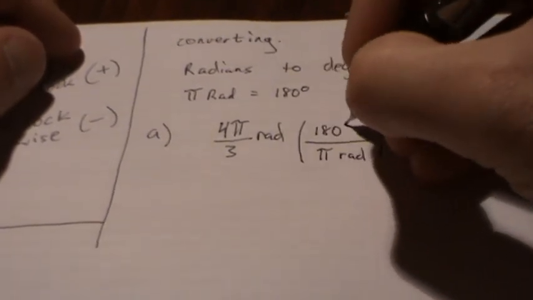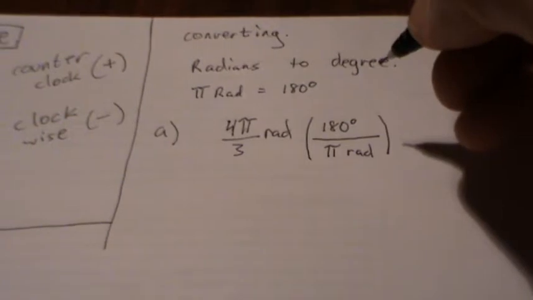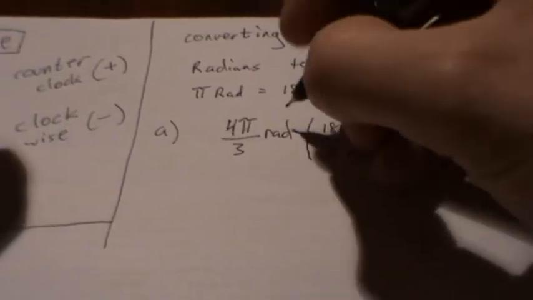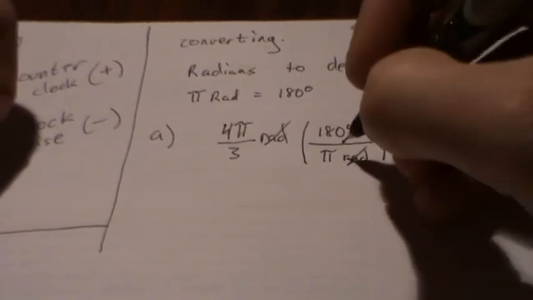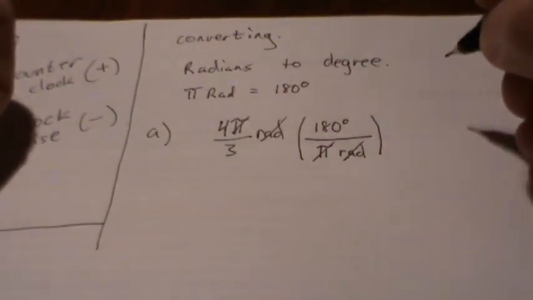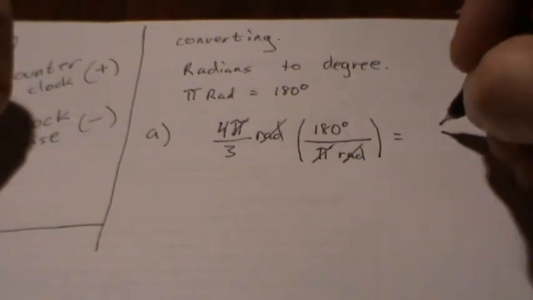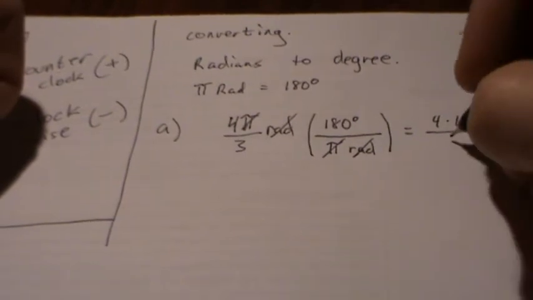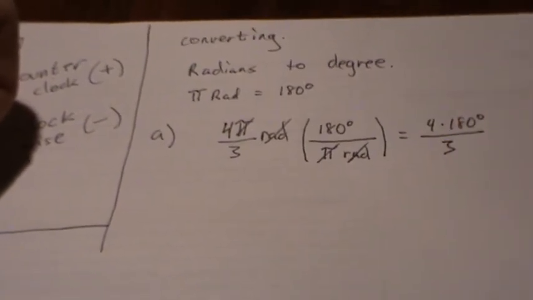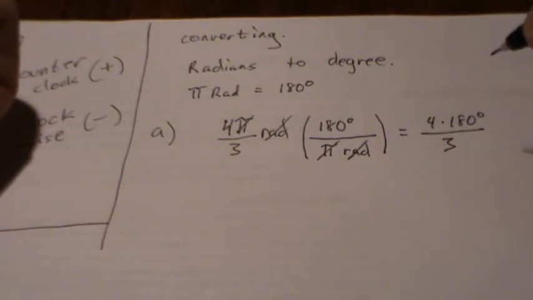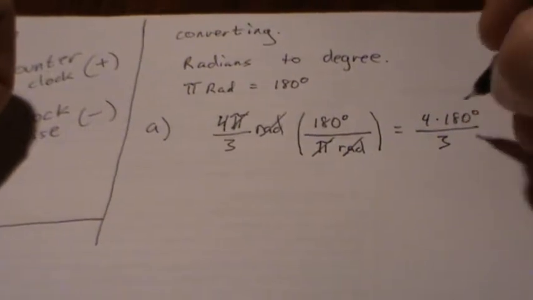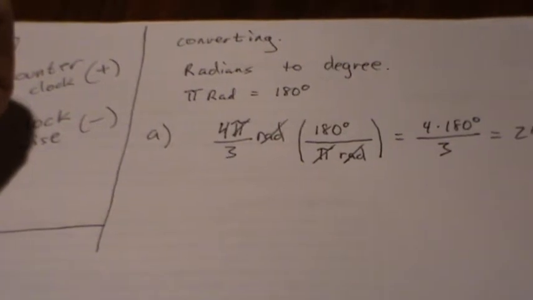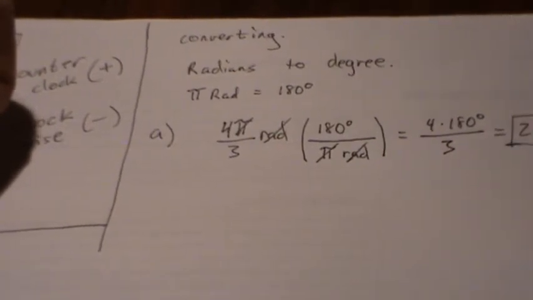The radians actually cancel, and the pi's cancel as well. And so in the end, it's just 4 times 180 divided by 3. That would be 6 times 4, which is 240 degrees. You just have to simplify this.